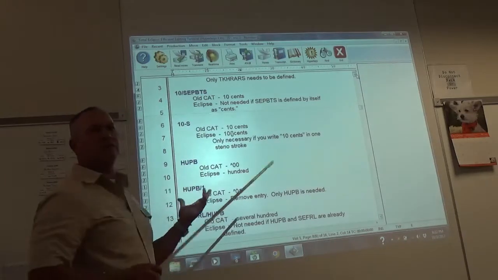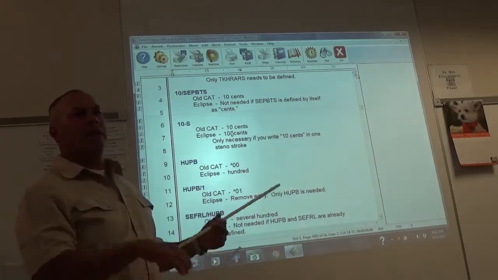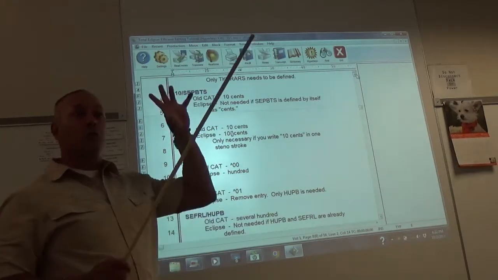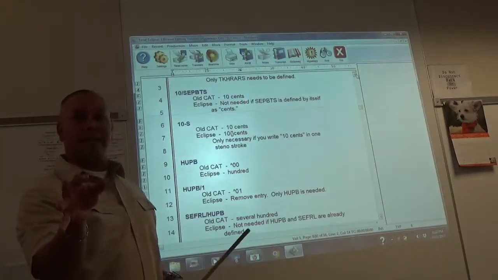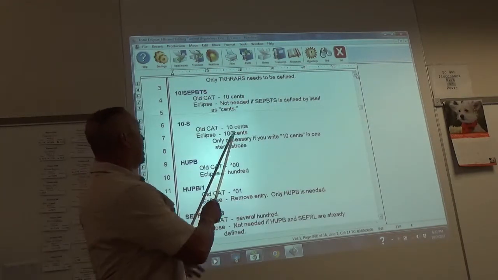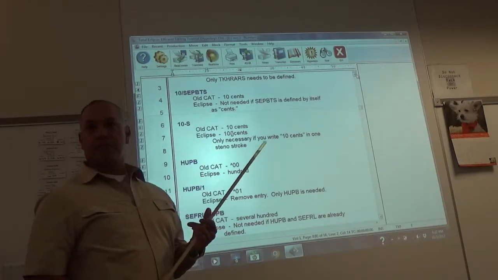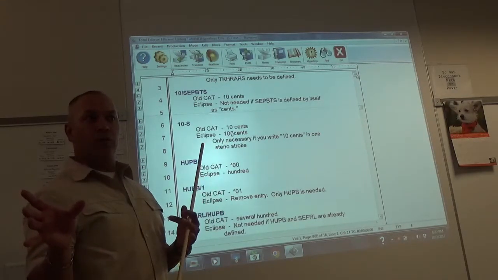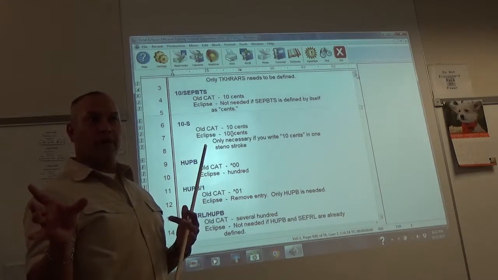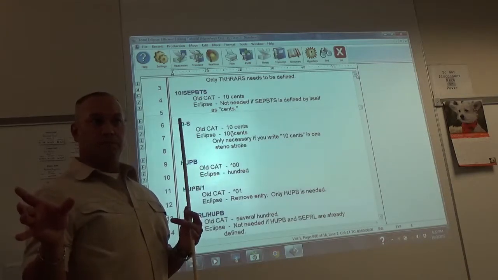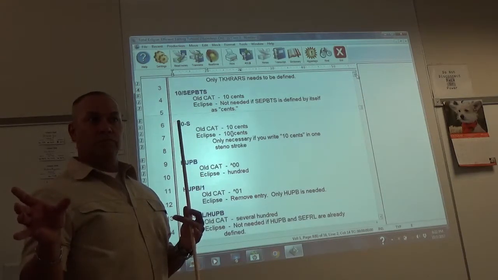Don't take this as, oh, well, it's 10, come back S. Now, if you do 10, come back S, then you have to define it as cents after a number. With the second stroke, you just type in cents like the first one.